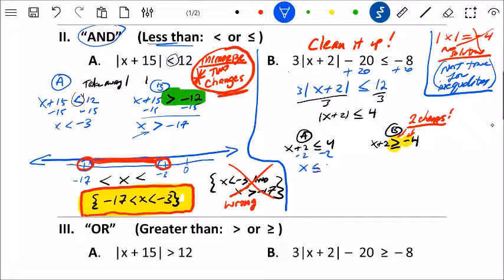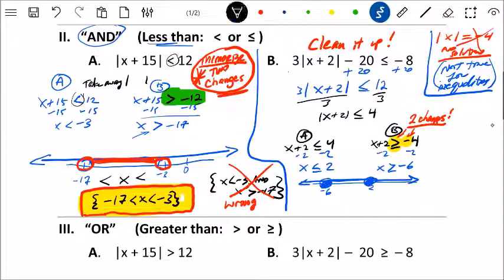So x is less than or equal to 2. Subtract 2, x is greater than or equal to -6. And when I put them on a quick simple number line, here's 2 and here's -6, greater than is that way, less than is that way, and they're both filled in circles. And that means my x is in between them. So the solution set is -6 is less than or equal to x, which is less than or equal to 2.